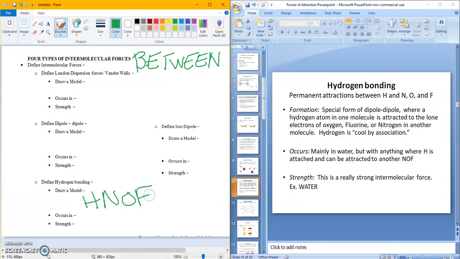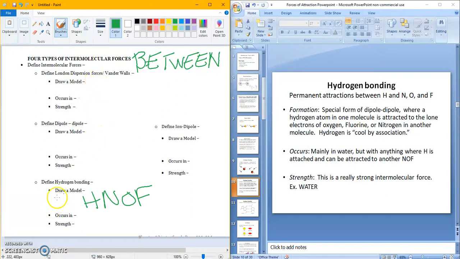All right, as far as strength goes, like I said before, because hydrogen is so small and our electronegative atoms have pulled the electrons away so greatly, this is a really strong intermolecular force. It's stronger than dipole-dipole, and it's much, much stronger than London dispersion forces.